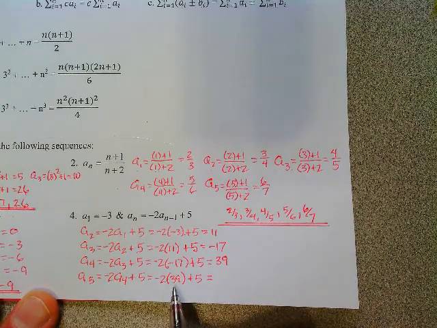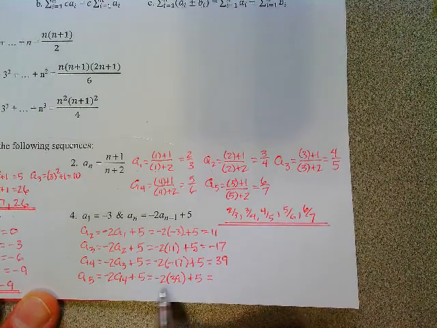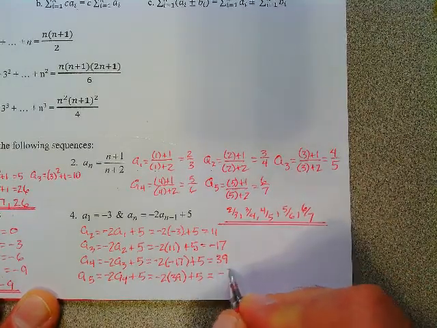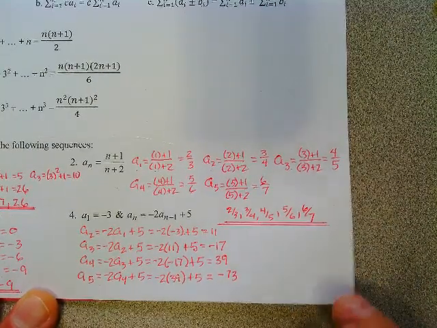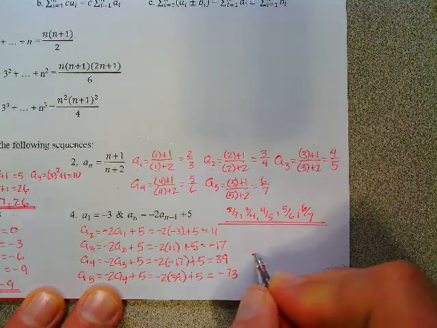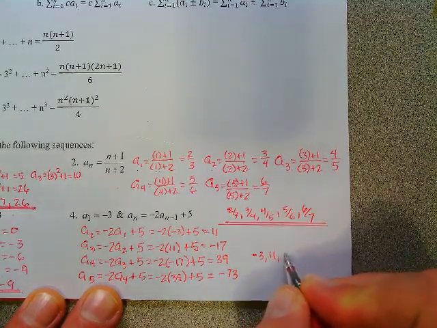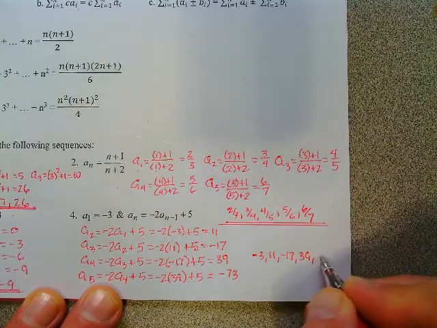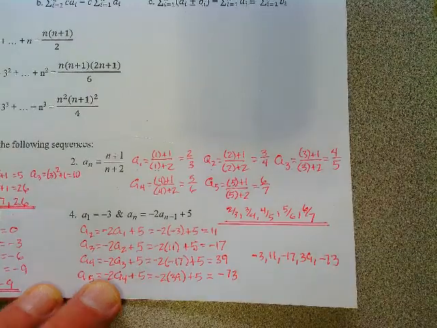So 2 times 39 is 78, that's negative 78 plus 5 gives me a negative 73. And so our sequence this time is negative 3, 11, negative 17, 39, and negative 73.